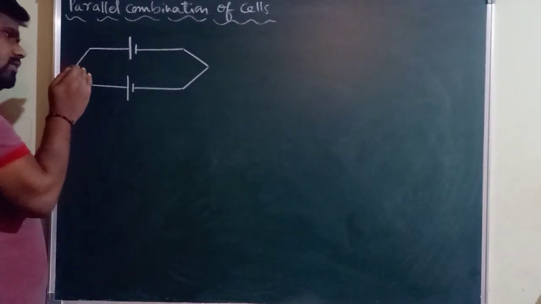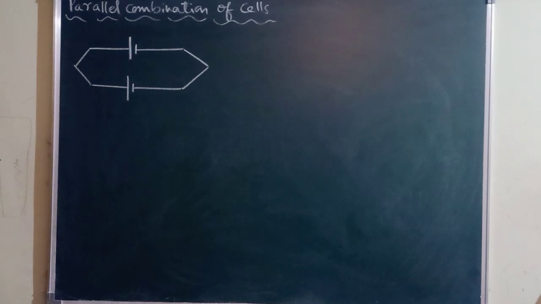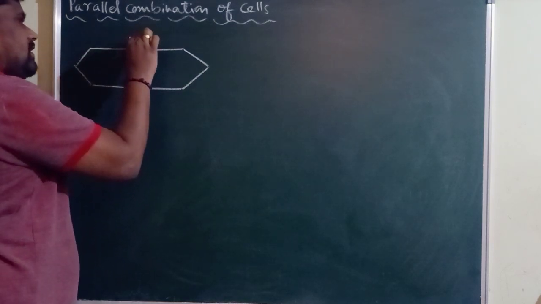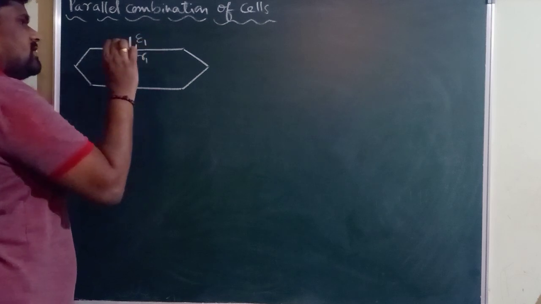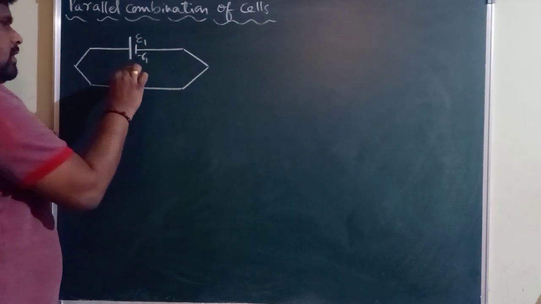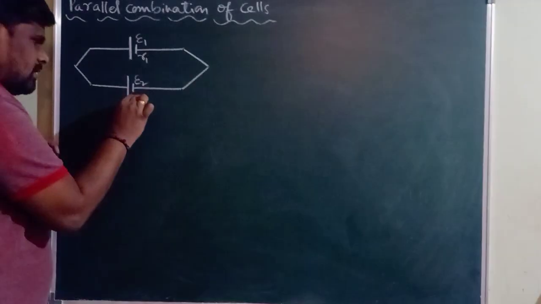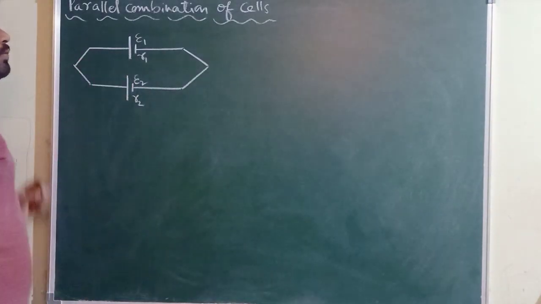The EMF of the first cell is E1, its internal resistance is R1. EMF of the second cell is E2 and its internal resistance is R2.